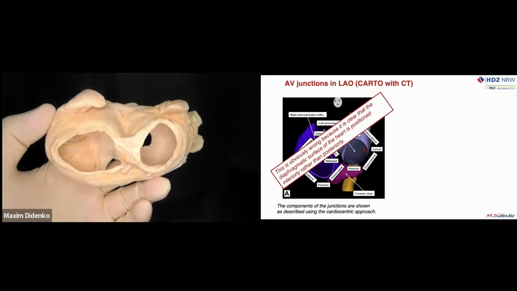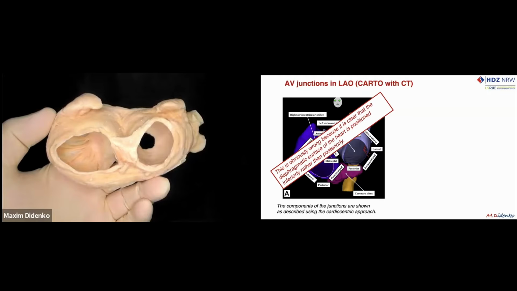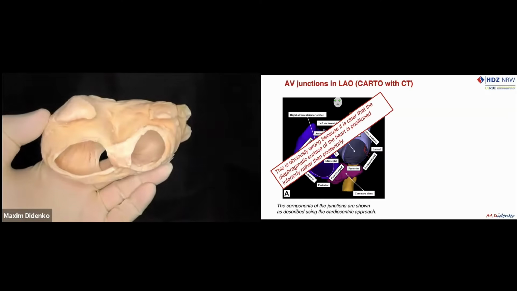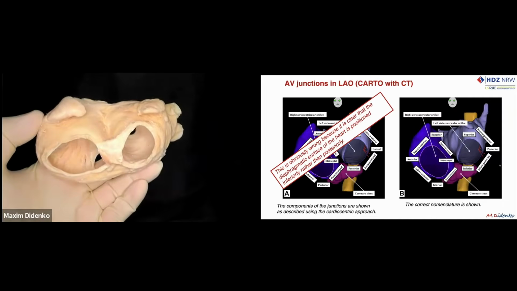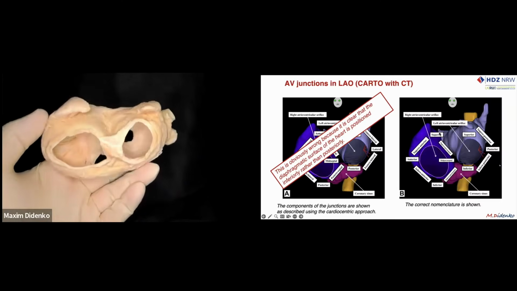But in real life, and they stated that this is obviously wrong, because it's clear that the diaphragmatic surface, which is here, of the heart is positioned inferiorly rather than posteriorly. So this is what they propose. Actually, it's already not the first time.